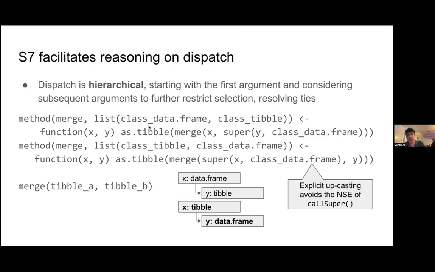If you pass a tibble, you start to go down this path. Here X is a tibble, in the case of calling merge on these two tibbles. Then you go down the other path, and you say, I don't see another one where tibble is here, but since tibble derives from data frame, this works. So we'll just pick that. You no longer have to define the method where both parts of the signature are tibble, because this hierarchical approach naturally resolves that ambiguity.